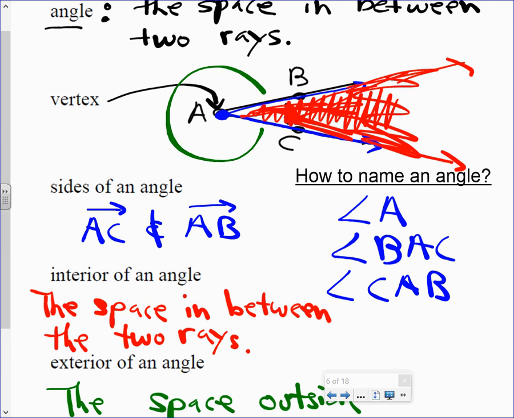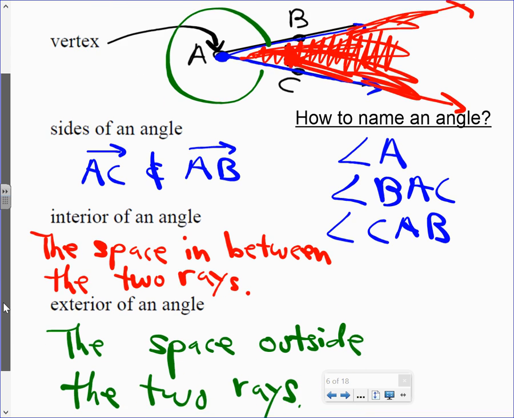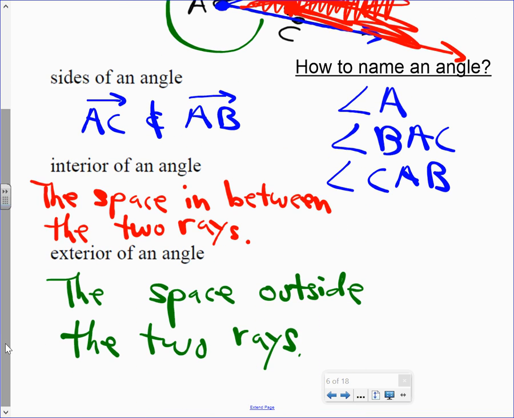All this space right here outside the two rays is the exterior of the angle. Notice that big loopy arc I did? All this space outside the two rays is the exterior. Interior, exterior. We're rock and rolling. Go for it.